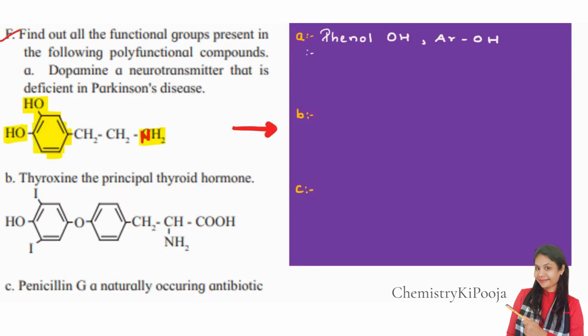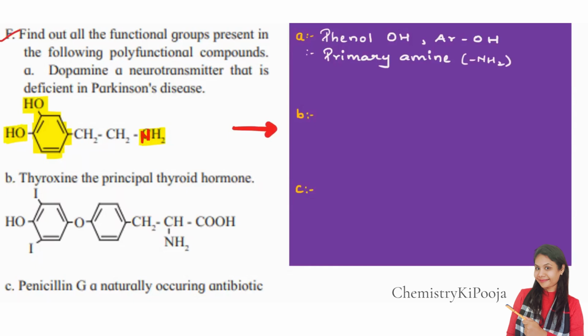NH2 group is nothing but a primary amine. Everything I have explained in the functional group lecture, so kindly go through all the previous lectures. So this is a primary amine. These are the functional groups present in dopamine.